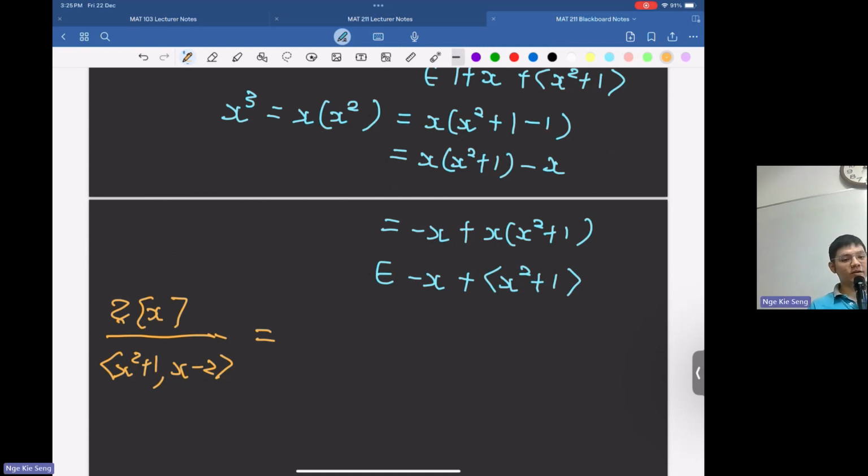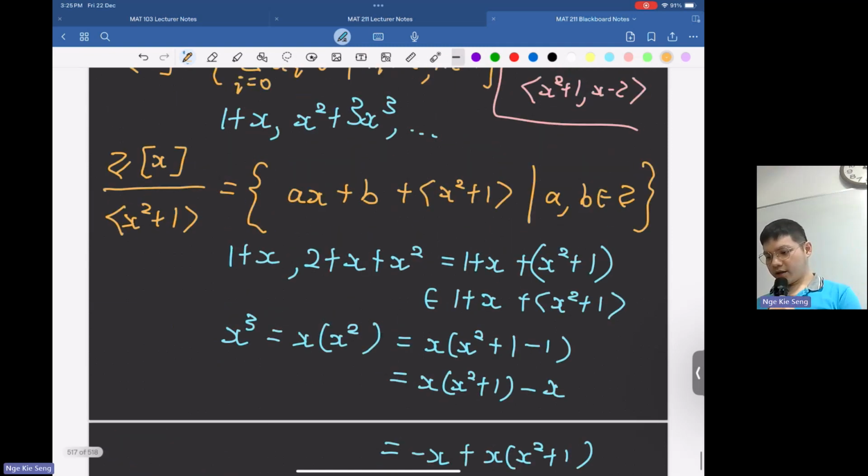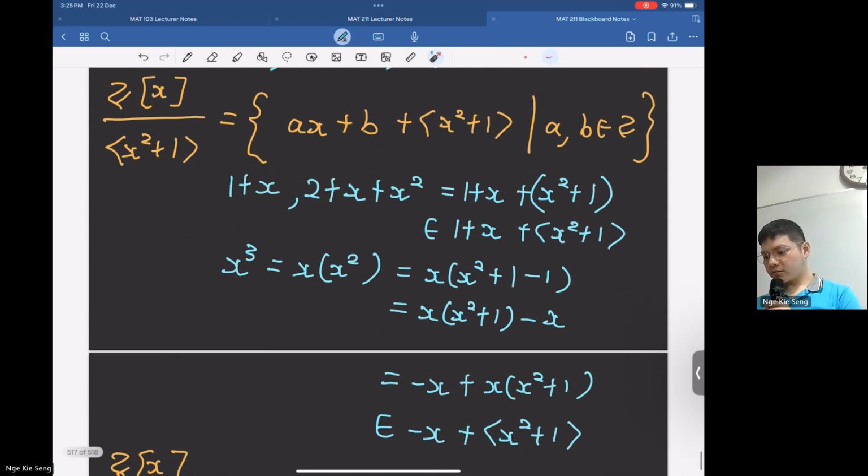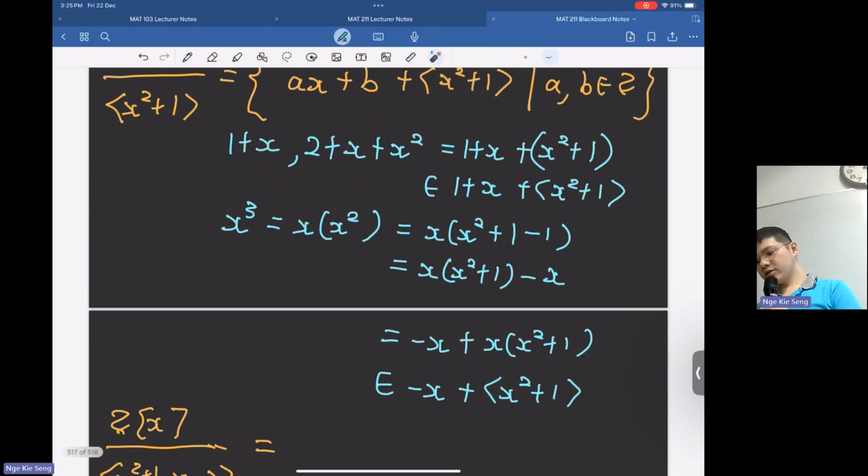Do the same for x minus 2. How to do the same? You mean introduce x, taking away x minus 2. Sure, so what do you get?